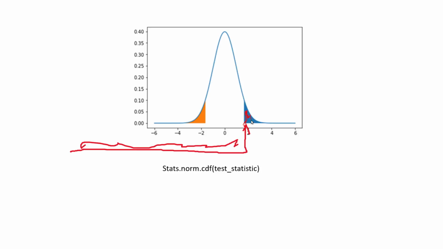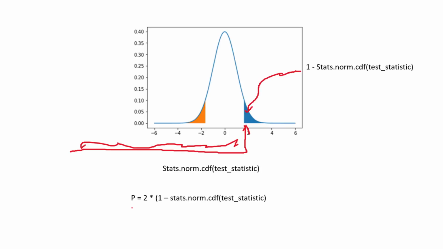To calculate this out in this direction is pretty easy. What we do is that the area from the point of the test statistic back to negative infinity is stats.norm.cdf of the test statistic. That gives us the cumulative probability up to here.